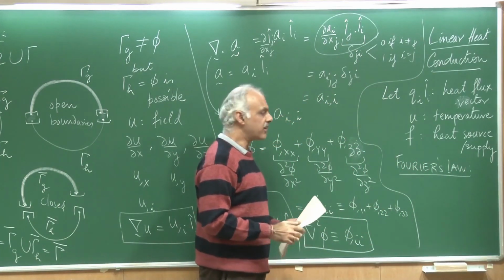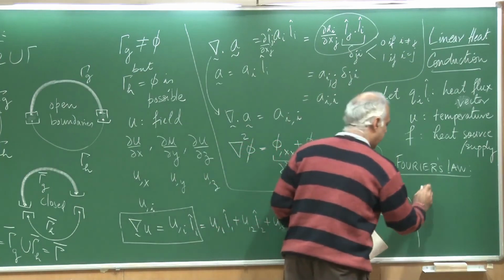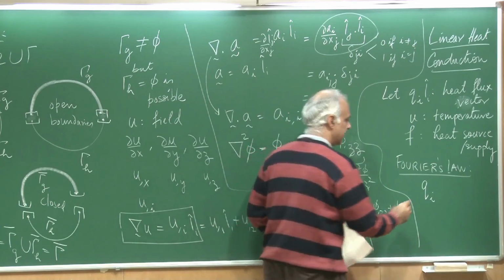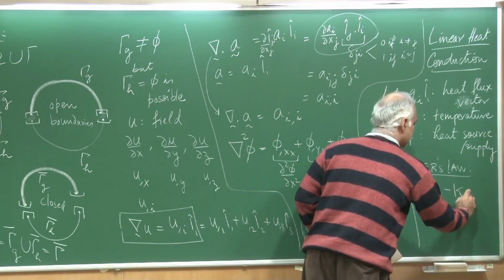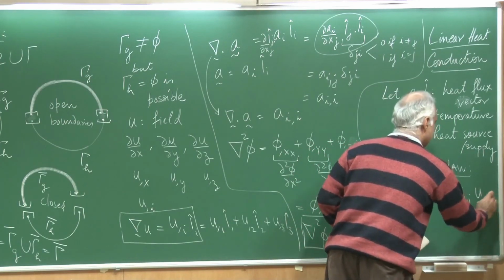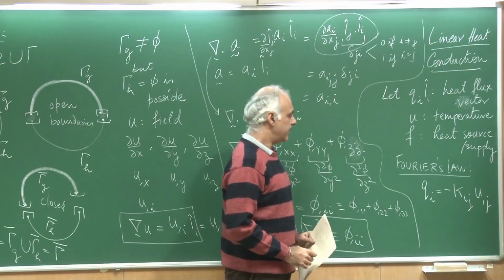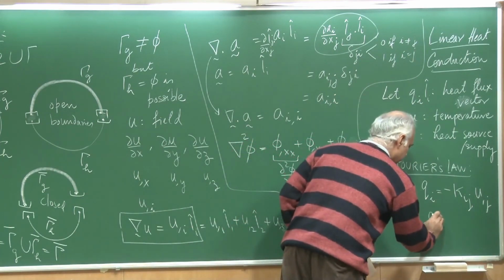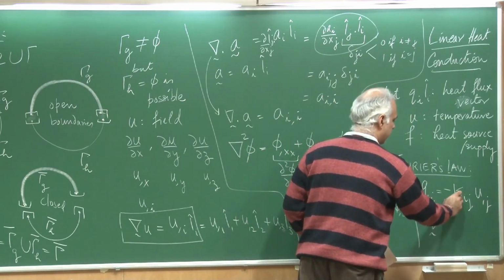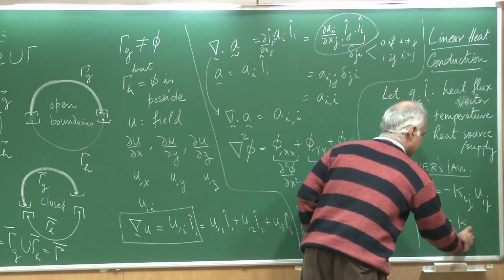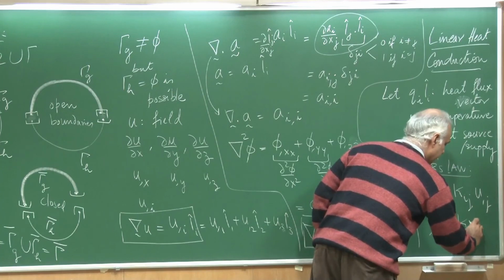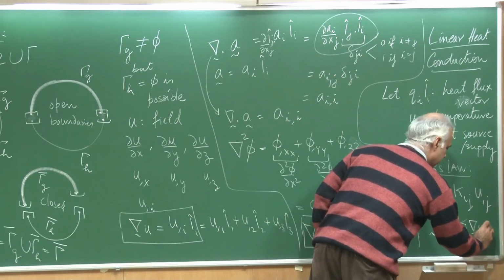It's a law, so it cannot really be proved, and it says that each component of the heat flux Qi is given as minus Kij times U comma j. In the vector form, this law would mean that the heat flux Q is actually minus the heat conductivity matrix K times the gradient of the temperature.